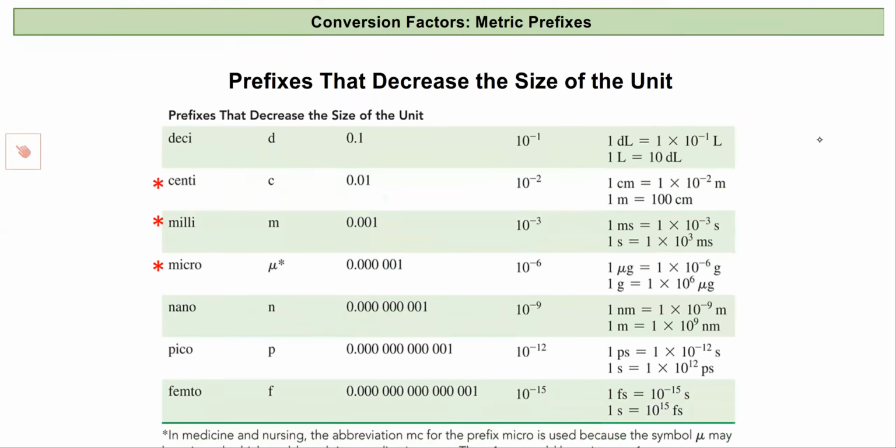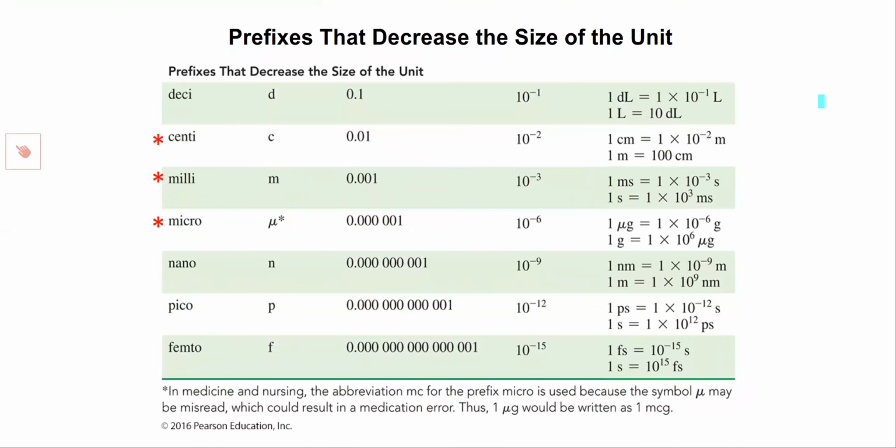For prefixes that make things smaller, we use a lot more. Chemistry is looking at little things, and so these are all units that we use. Deci is less common. It's really just the 10th place, so 10 to the -1. Centi is 100th, milli 1,000th, micro 1,000,000th.